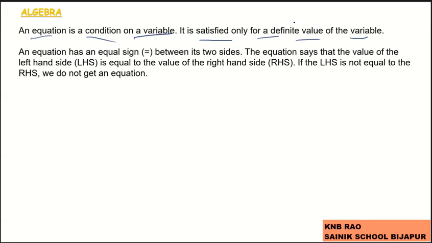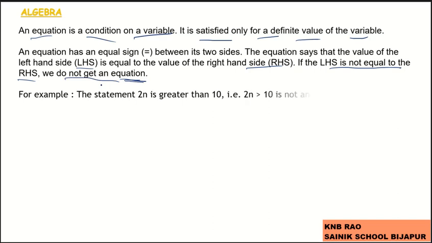An equation has an equal sign between its two sides. The equation says the value of the left hand side is equal to the value of the right hand side. If the left hand side is not equal to the right hand side, we do not get an equation.